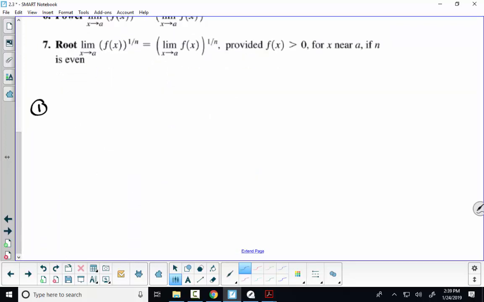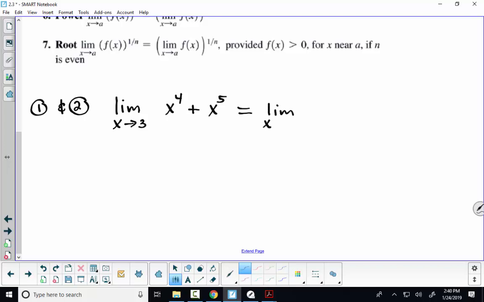So, for example, for laws 1 and 2, if we had to compute the limit as x approaches 3 of, let's say, x to the 4th plus x to the 5th, then I can just look at the limit on each one of those functions and add that together.